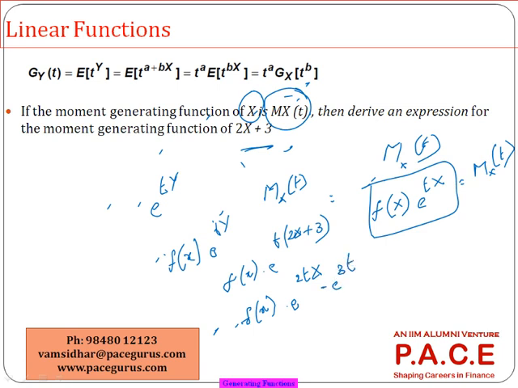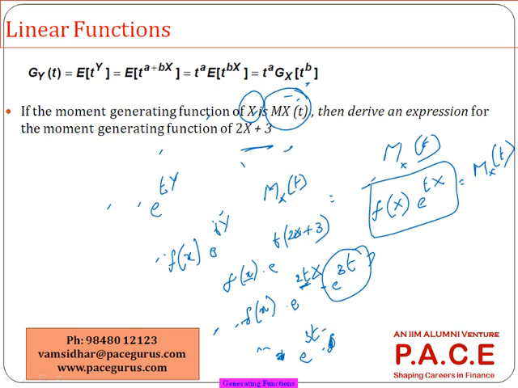I can very well write it, e power 2tx plus 3t is nothing but e power 2tx into e power 3t. Which again, this is a constant part for me. So I'll write it as e power 3t into f of x into e power 2tx.